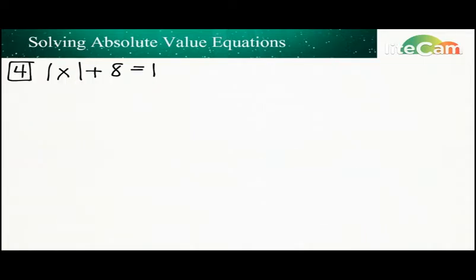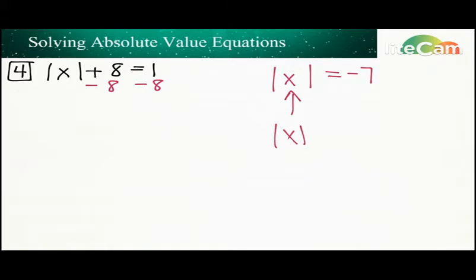Okay, again, like I said, sometimes we have extra numbers, so we're going to move this 8 over on the other side. So now our equation is |x| = -7. Now this is the one that I wanted to talk to you about as far as how different it is from the other ones, because an absolute value means that whatever is inside here is going to become positive.